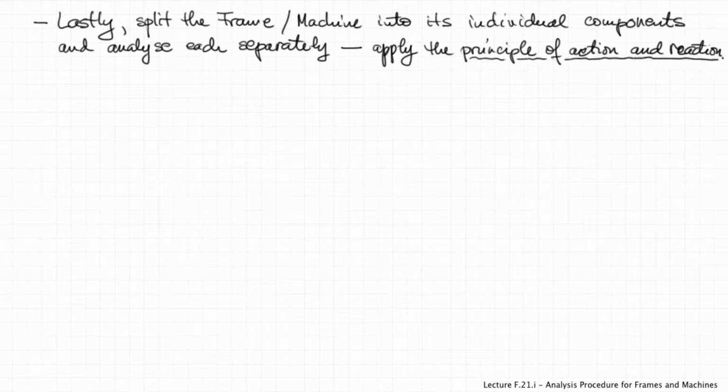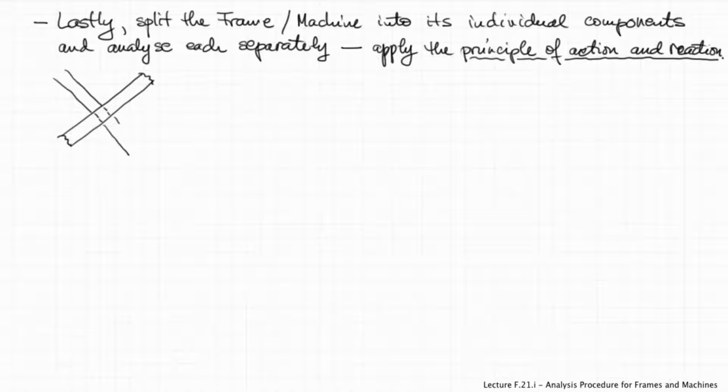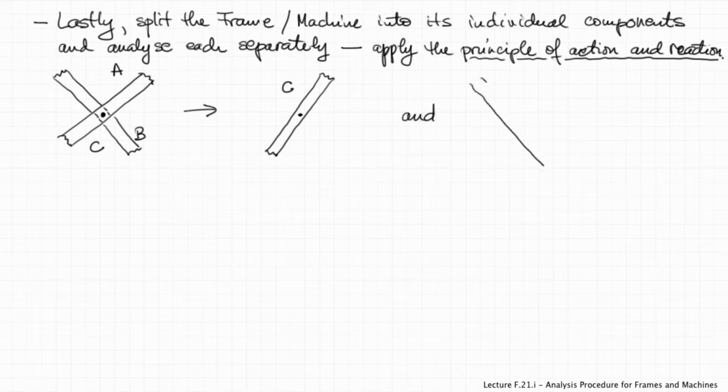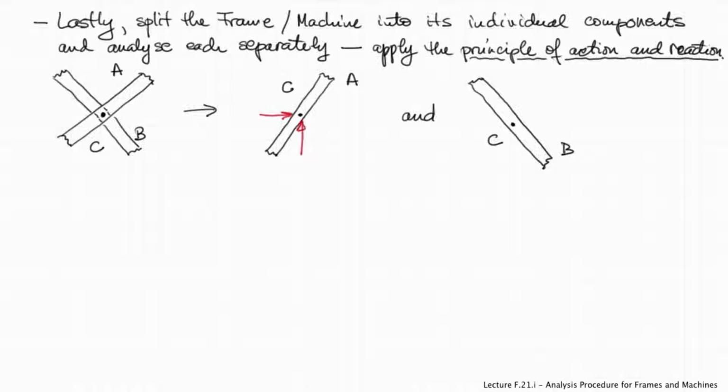For example, if in a frame or a machine there are two members that are pinned together at C, for example, at point C in this case, which is at the intersection of these two members, then if we have to split these members separately, so split the pin, then this would be the member A, and this one would be member, say, B. And then you'd have, in each of these free body diagrams, you'd have to replace the other member by internal reaction forces, like for example Cx and Cy, here both positive.